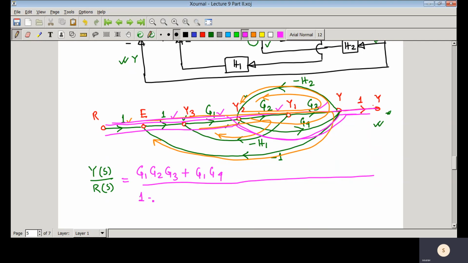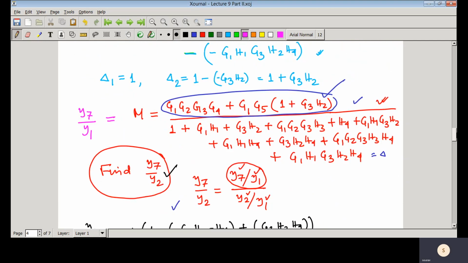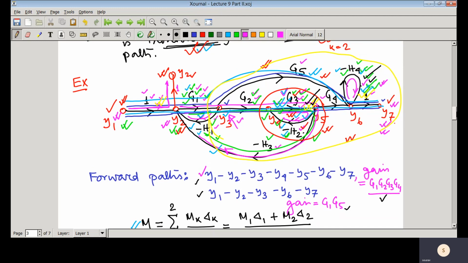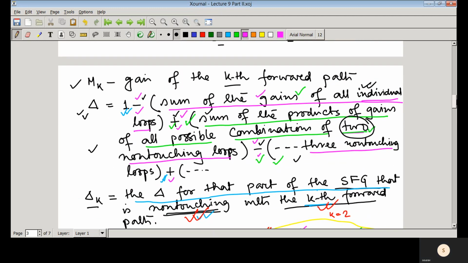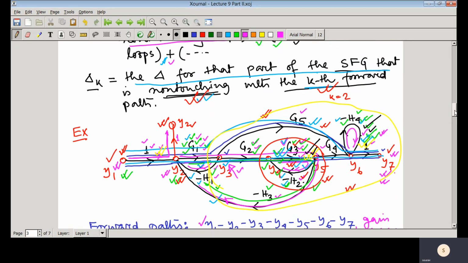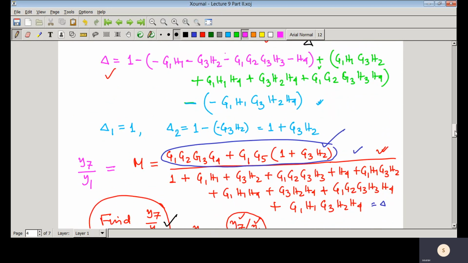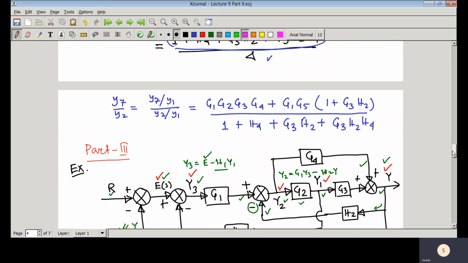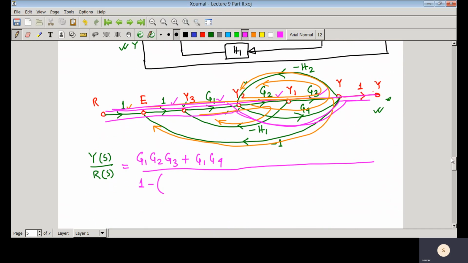Now the Mason gain formula states that delta equals 1 minus the sum of the individual gains of all individual loops. How many loops have we identified? There are 4 loops.